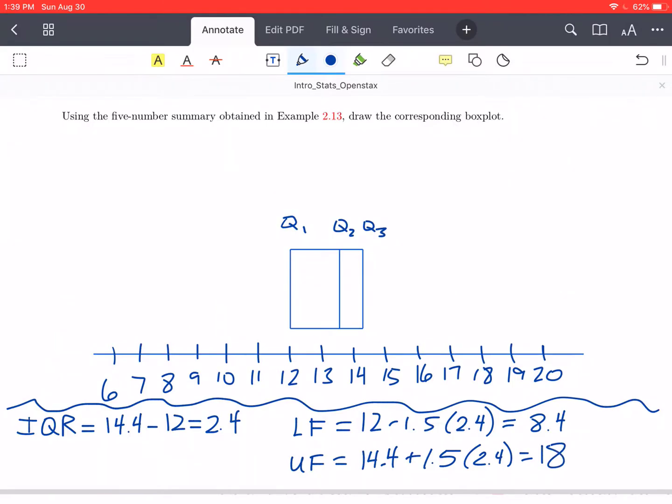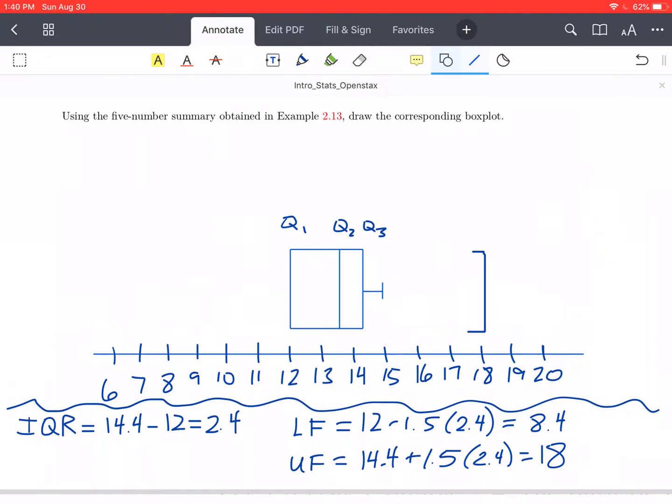Now, on the upper end of this, 18 is where our upper fence is. So right there, that's our upper fence. Our maximum value, which was 15, falls within that. So I'm going to go ahead and draw a little tick mark for 15, and then connect that.